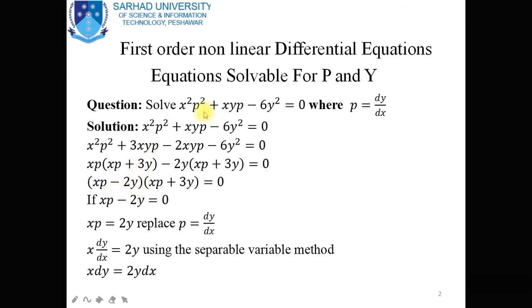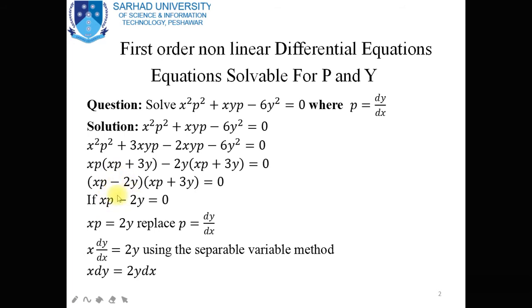When the equation is solvable for p, then we can factorize it. When we factorize the equation, we obtain two factors. Each factor will be a first order differential equation. So solve each factor.